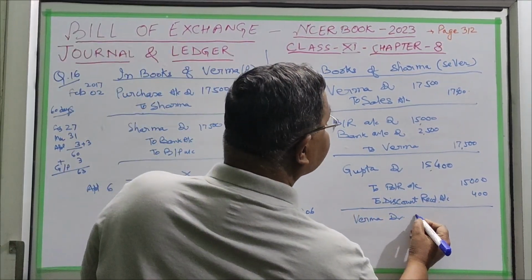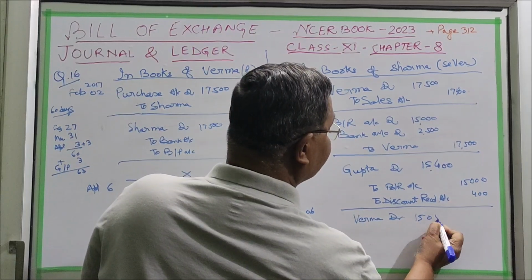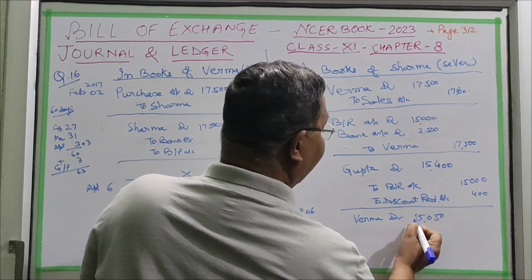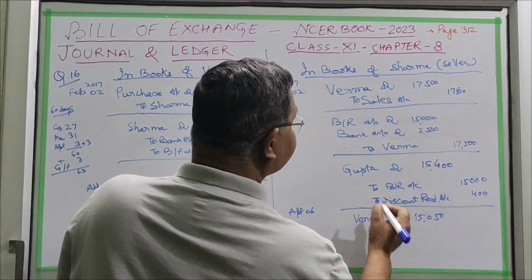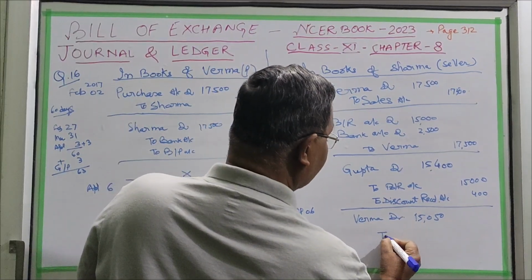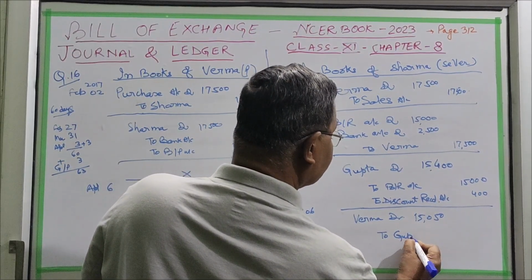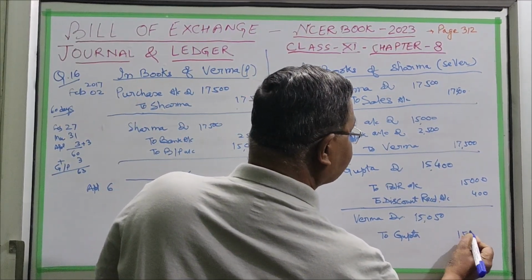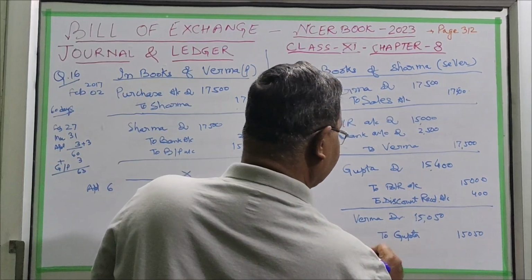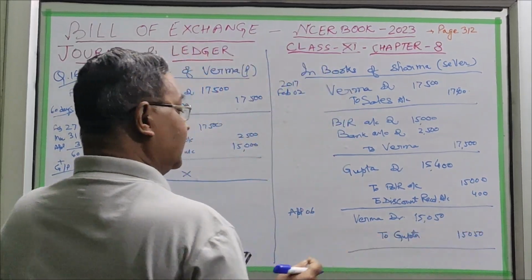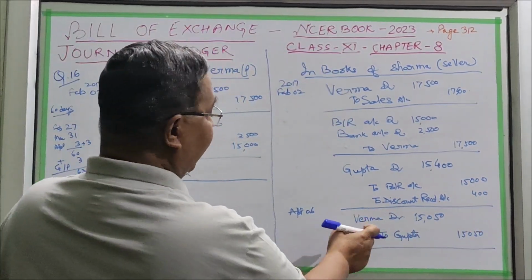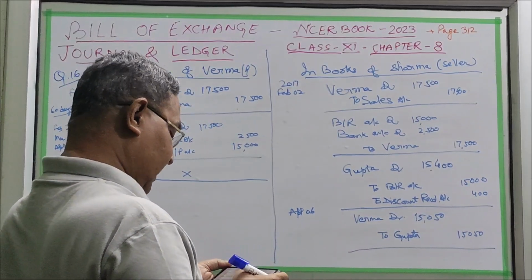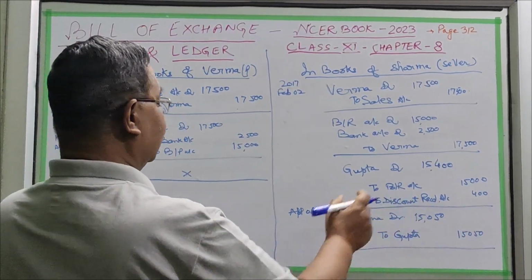So Verma becomes debit for 15,050 because now Verma has to pay this amount and he is liable to Mr. Gupta. He will write bill dishonored and noting charges 50 rupees paid by Mr. Gupta. So Gupta will now recover this much amount.